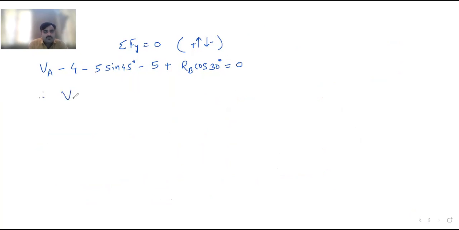Therefore, VA is equal to, now put the value of RB, you will get the value of VA. What is the value of RB? RB is 7.814. You keep this value over here, so you will get the answer VA. 5.76. Okay, just 1 minute.